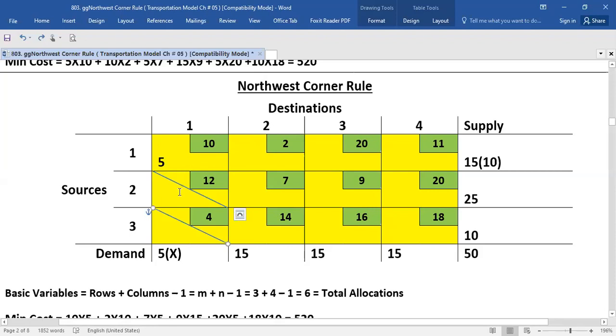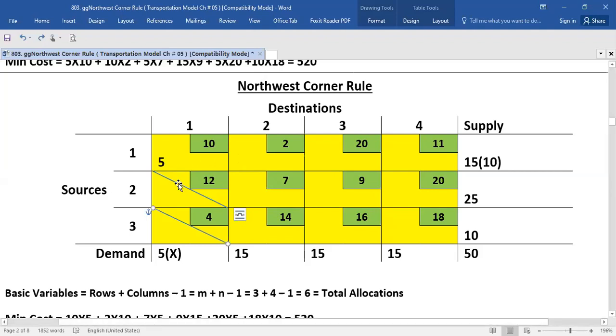But this cell indicates that no allocation can be made. This sign of line indicates that you cannot make any allocation. So you will have the option to move to your right. Keep one thing in mind, that you will move to one of the 2 connected cells.